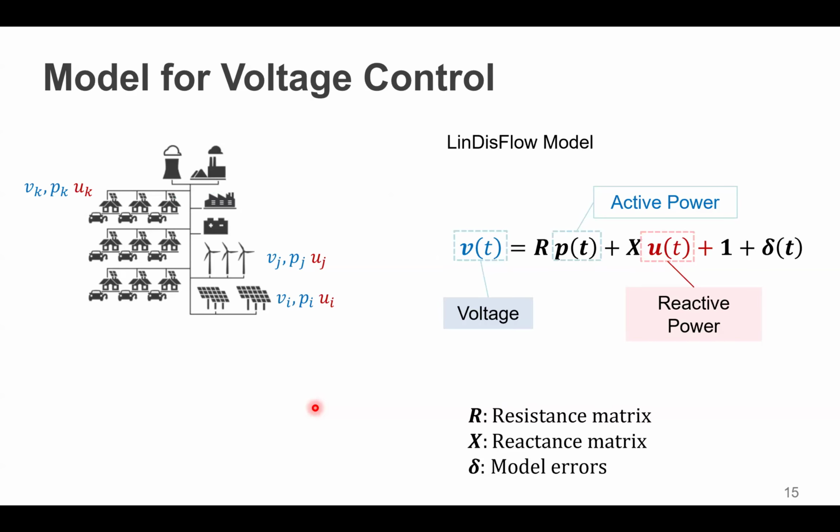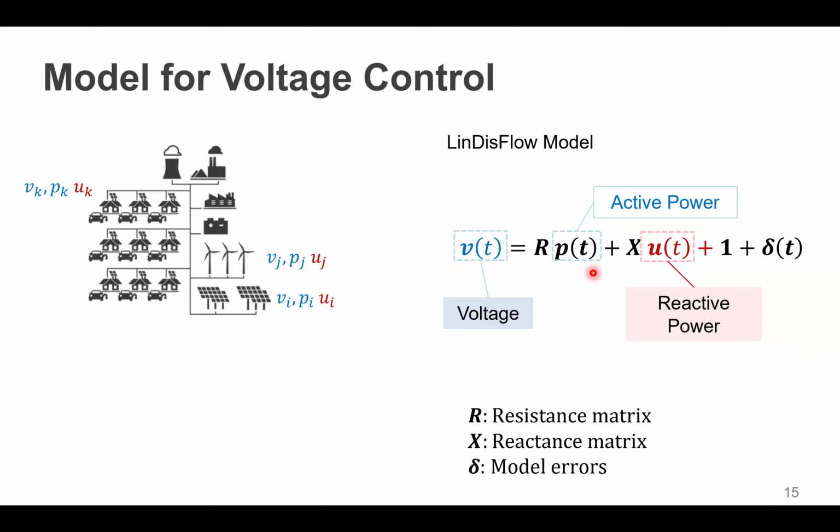To answer the question, let's start by looking at the model for voltage control we are considering. For the power distribution system, we have different nodes. Each node has its voltage denoted V, its net active power injection P, and its net reactive power injection U. The voltage is affected by the active and reactive power across the whole network, and the relation is commonly modeled by the so-called LinDistFlow model here.